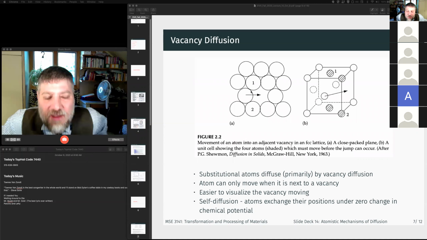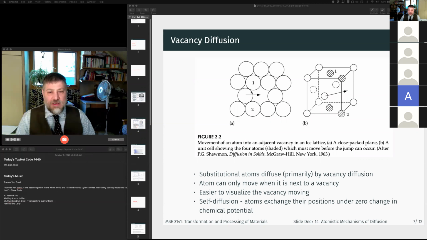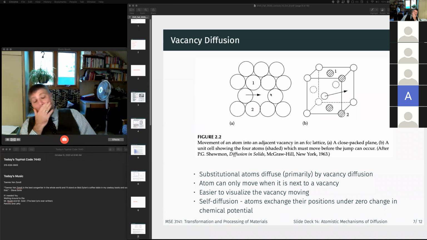So if we think about substitutional elements in a mixture or an alloy or an ionic compound moving through a substance, the main mechanism is vacancy diffusion. An atom can only move when there's a vacancy next to it, right?